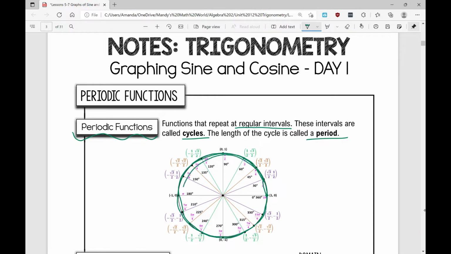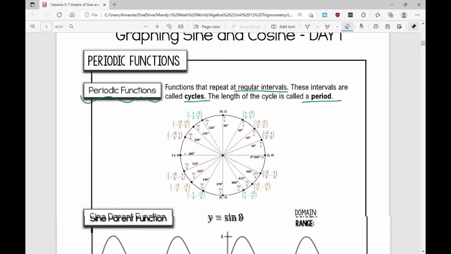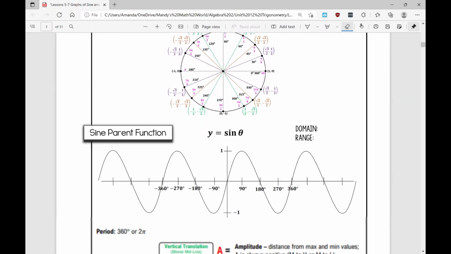The length of my circle that I'm drawing continues to get longer, but it hits those same points over and over again. So there's a pattern that you will see whenever we're graphing these periodic functions on the coordinate plane, because all of the points that we're graphing for sine and cosine are straight from this unit circle. So let's move on to the sine parent function.